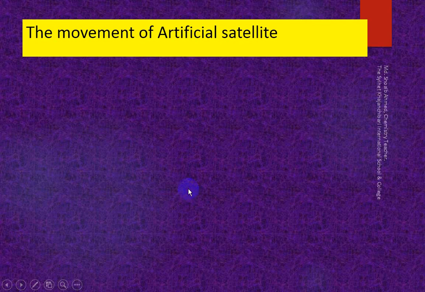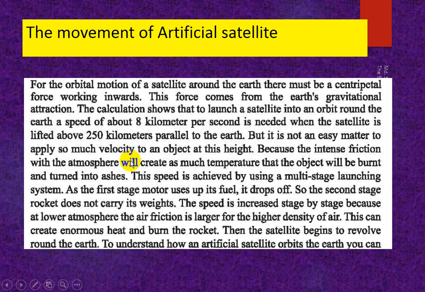The movement of artificial satellites, the orbital motion. You know how artificial satellites move, because if we launch anything upward, it falls due to the gravitational force of the earth. So we need a fast velocity. It is called escape velocity. It can overcome the gravitational force of the earth.